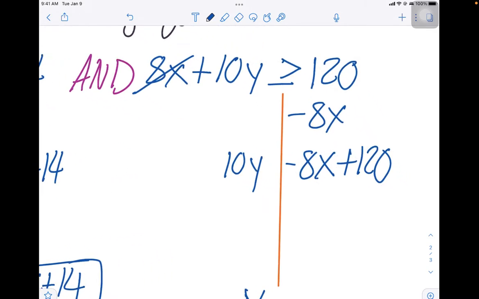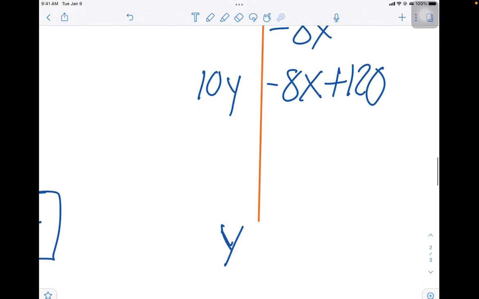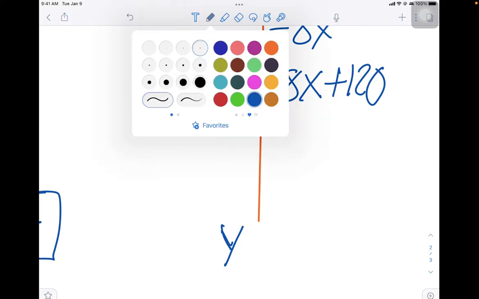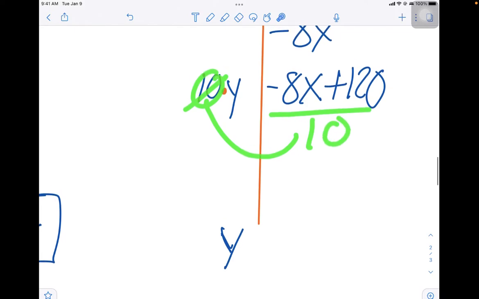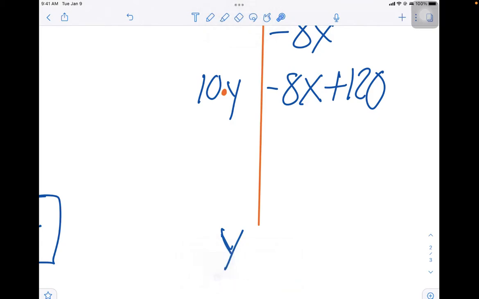Now, in order to get Y by itself, I've got to get rid of this 10. Remember that 10Y means 10 times Y, and the opposite of multiplying by 10 is dividing by 10. So I'm going to cross out 10 and divide both of these terms by 10.